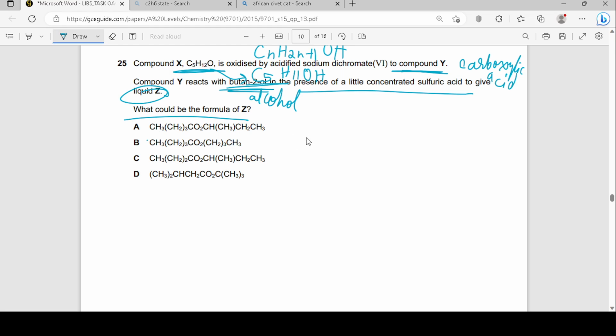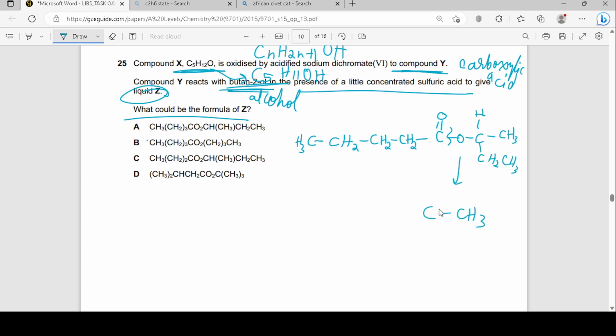So CH3. Should I do the skeletal formula or the other one? CH2, CH2. It's just too much effort. I don't like trying to display formulas, but let's just do it. So CH3, CH2, CH3. Now, if I hydrolyze this, do I get butan-2-ol? Let's see.